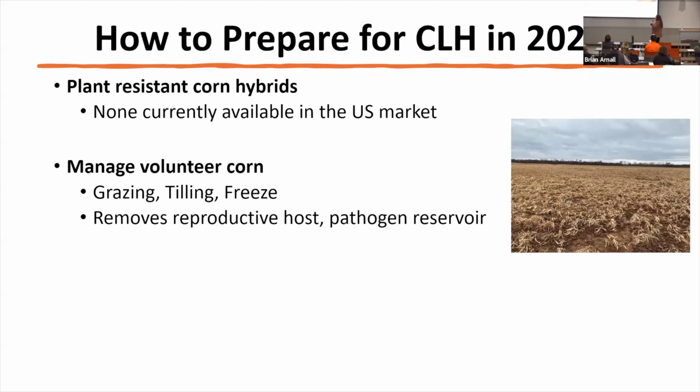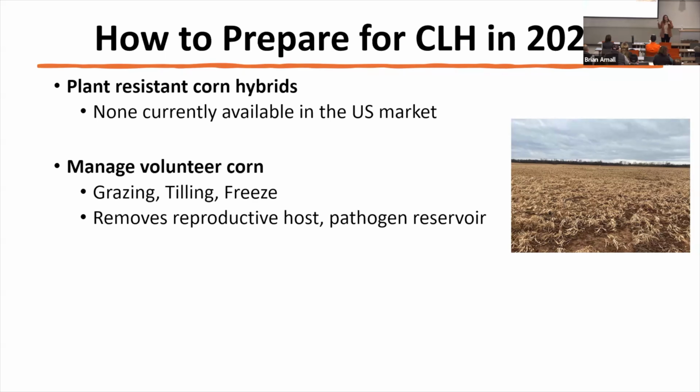Manage volunteer corn. Grazing is one way that it can happen. We can also do it by tilling, which, depending on your preferred practice, may or may not be something you're interested in. And then also freeze. Here's one field that has been knocked back due to freeze. But like I said, when we found corn leafhoppers recently, it was in corn that was frozen, and the leafhoppers were still alive and in it.